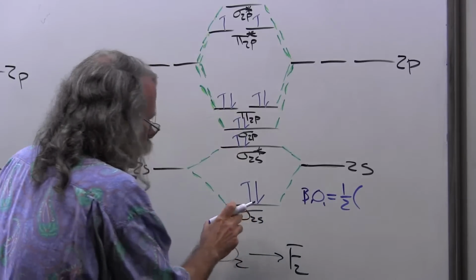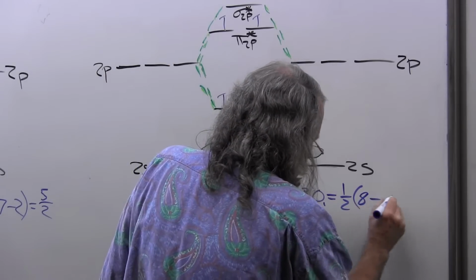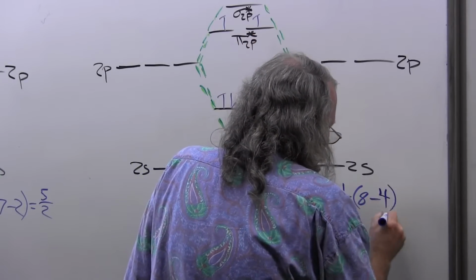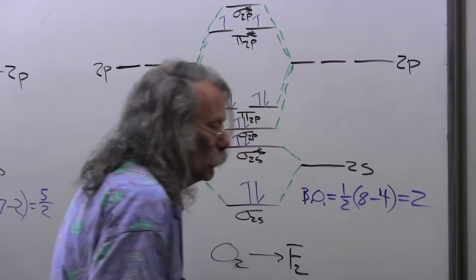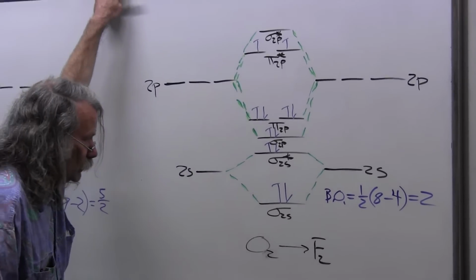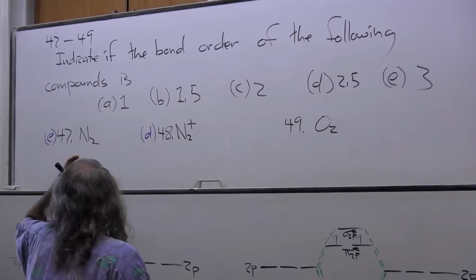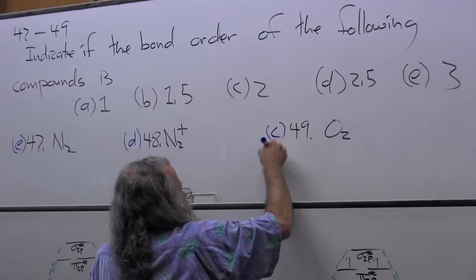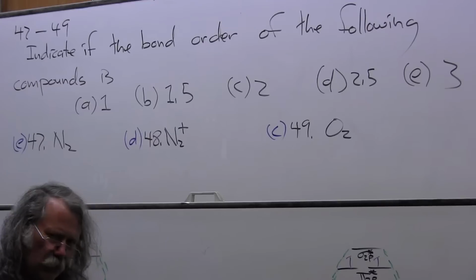And I've got 2, 4, 6, 8 bonding electrons minus 2, 4 antibonding electrons equals a net double bond, which is what we expect from our Lewis structure. And that gives me the option, let me see, that would be C is going to be the answer for number 49. But let's carry this one step further.